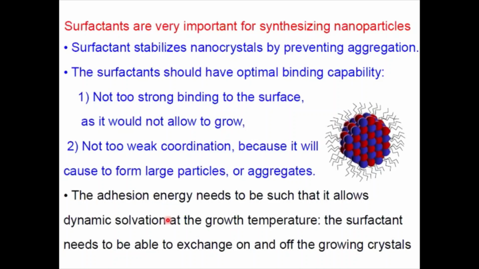So the nature of surfactants, right, should be optimal binding capability to have a size within this nano scale. The additional energy needs to be such as to allow the dynamic solvation during the growth, also controlled using the control of surfactants. Okay.